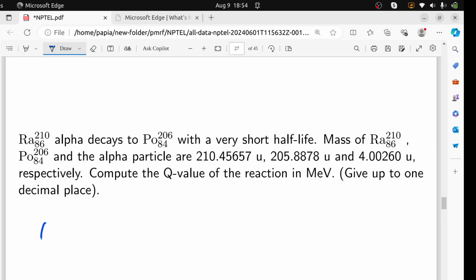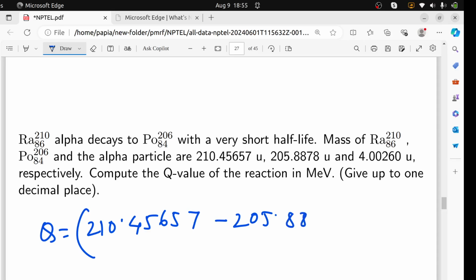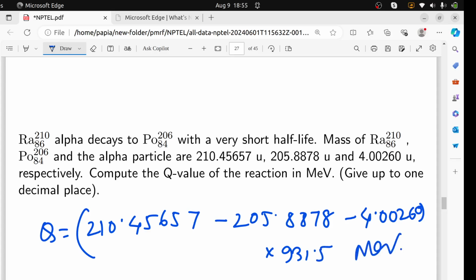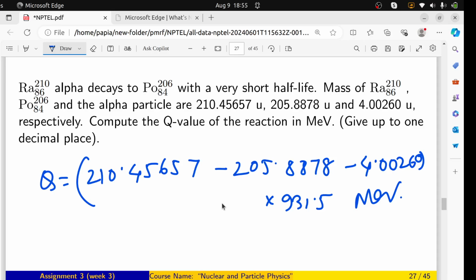So for this case, simply we will do 210.45657 minus 205.8878 minus 4.00260, whole into 931.5, and it will be in MeV unit. So just let me calculate that one. 210.45657 minus 205.8878 minus 4.0026.